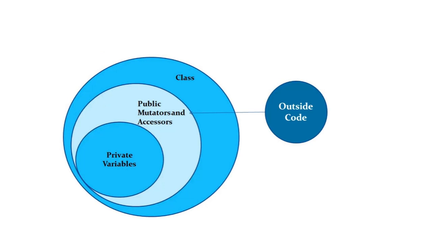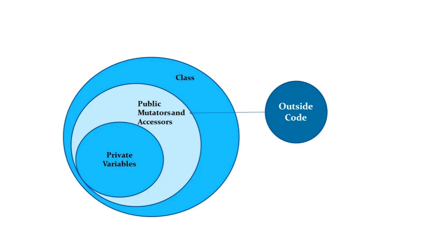For that you need to press the accelerator button. Suppose you need to use that move button to move the car forward. You don't know what the move method is internally, how it is working. But if you press this button, the car will move.